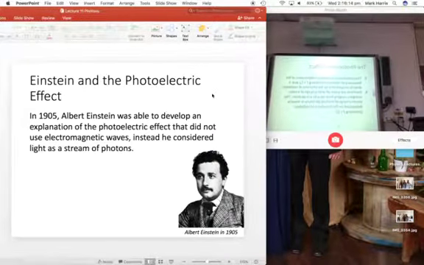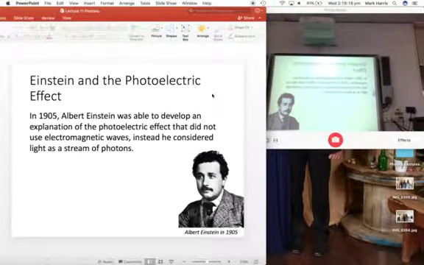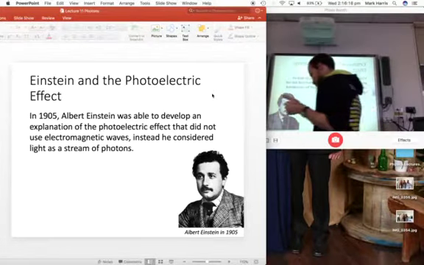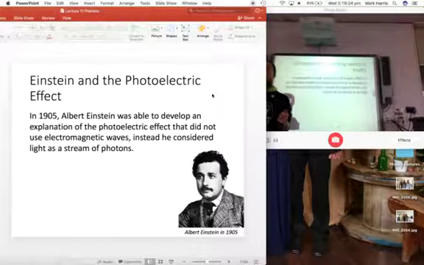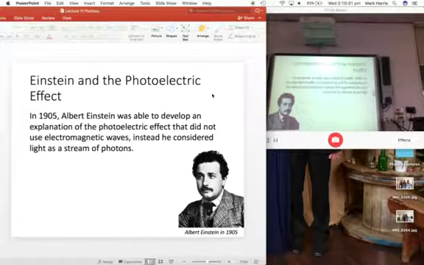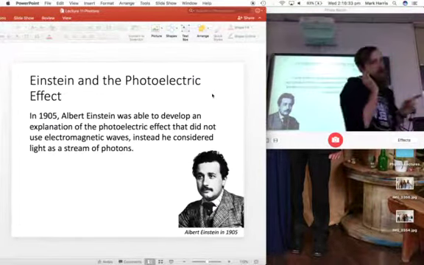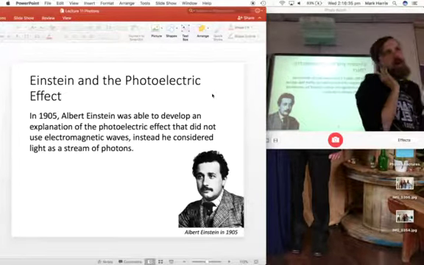Okay, we're getting up to this dude. How old was he in, 30 something? Not hugely old. This is Einstein in 1905. 1905 was his miracle year. He did so much work in that year.